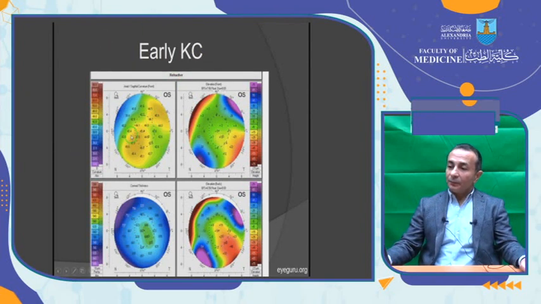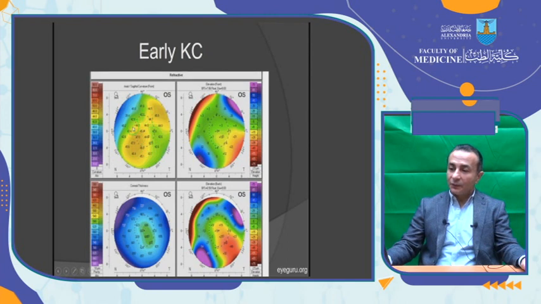This Pentacam represents early keratoconus, where you can find that there is some irregularity of the cornea. So we have here a keratometric reading of about 47 and a nearby area of about 44. These dotted lines represent the pupil.